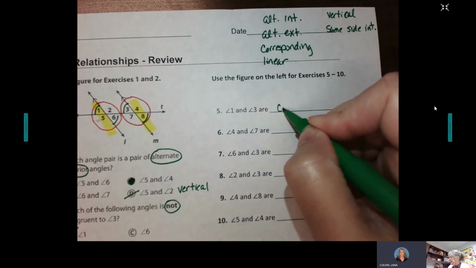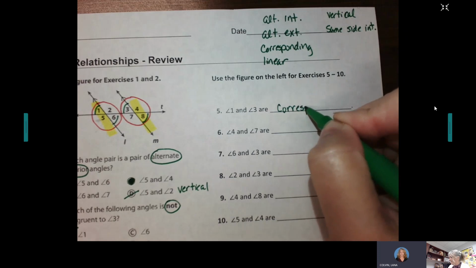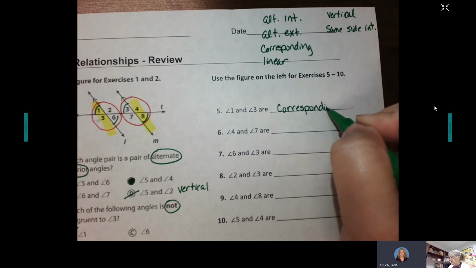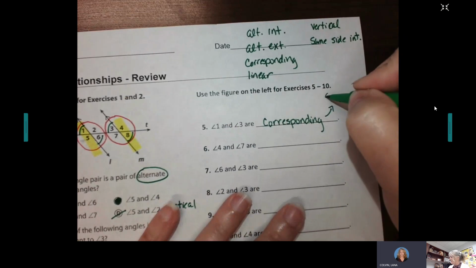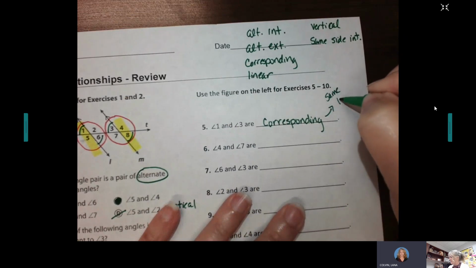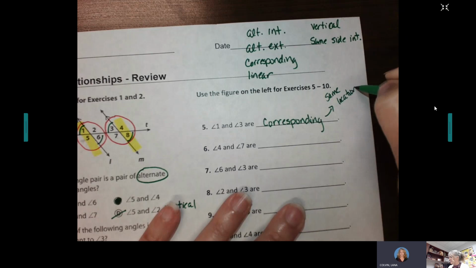These are corresponding. Corresponding means same location.